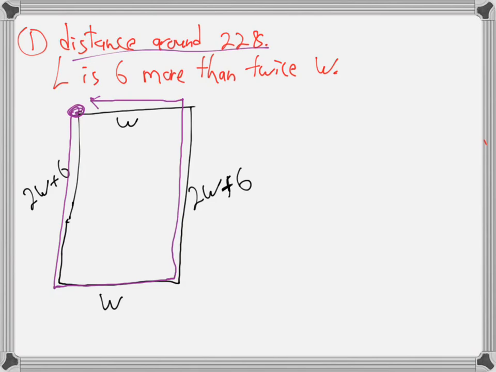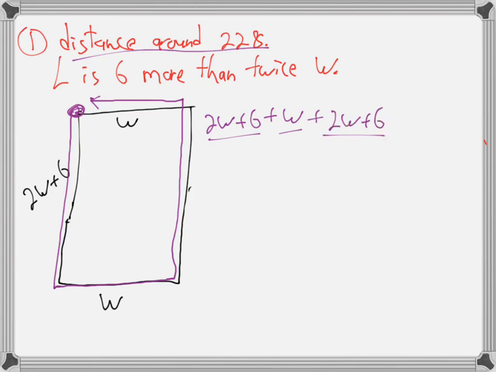So then we would write 2W plus 6 plus W plus 2W plus 6 plus W equals 228.